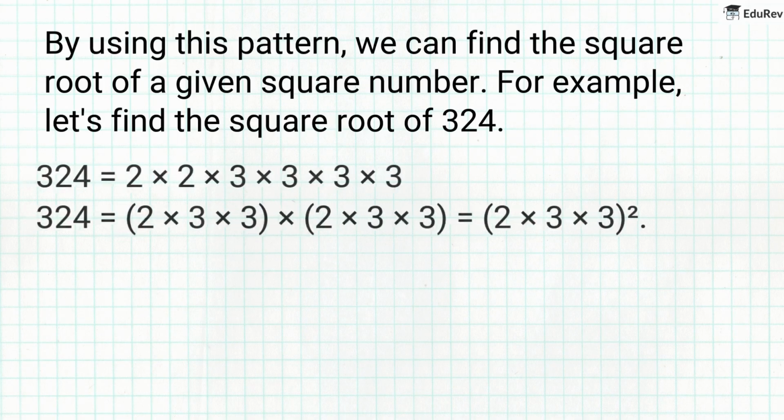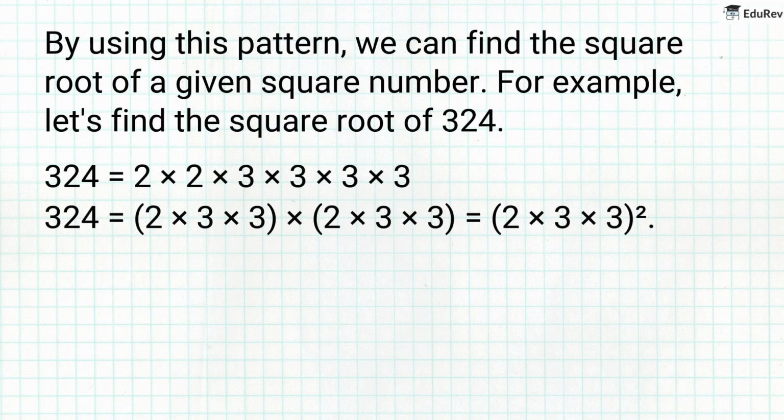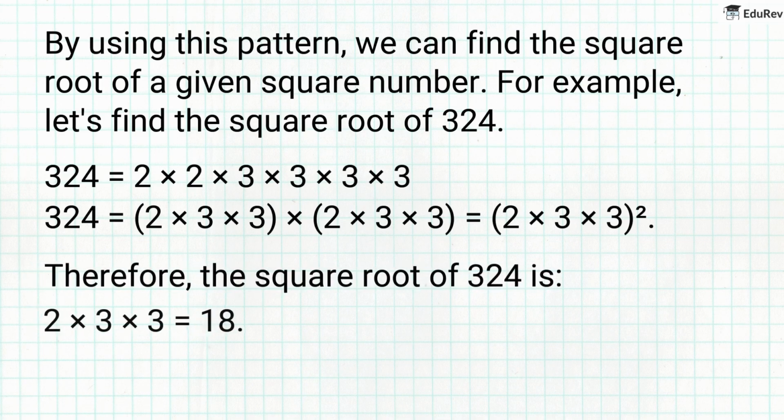The prime factorization of 324 is 2 times 2 times 3 times 3 times 3 times 3. This can be rearranged as 2 times 3 times 3 times 2 times 3 times 3 is equal to (2 times 3 times 3) squared. Therefore, the square root of 324 is 2 times 3 times 3 is equal to 18.